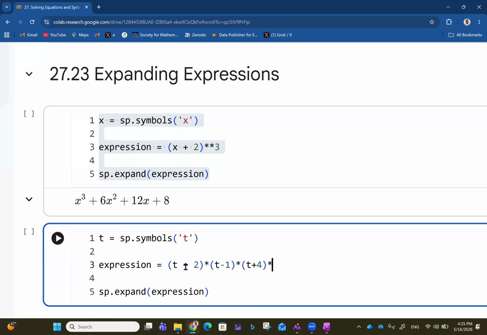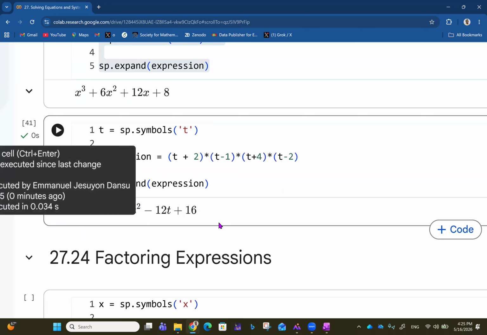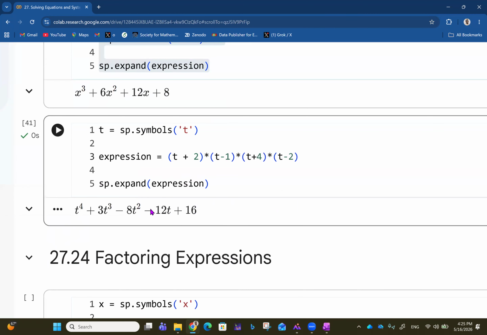You can continue as much as you want. Times t minus 2. All this now, you just want expanded. So you get t raised to power 4 plus t cubed minus 8t squared minus 12t plus 16. So you can keep going.